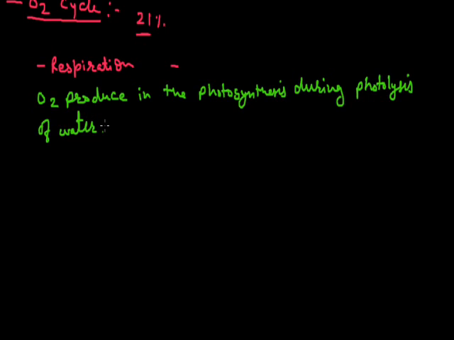So how is oxygen recycled in nature? Microorganisms also use this oxygen for respiration. The living beings use oxygen for various respiratory activities. It is used for the oxidation of food material.